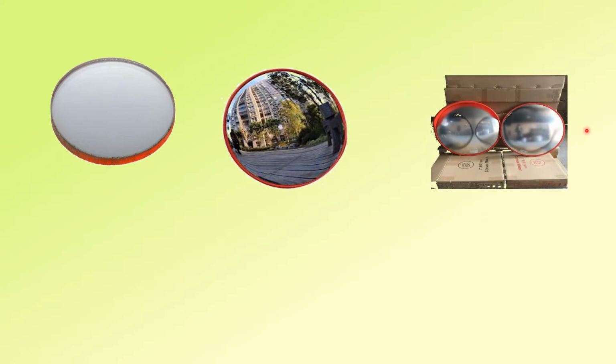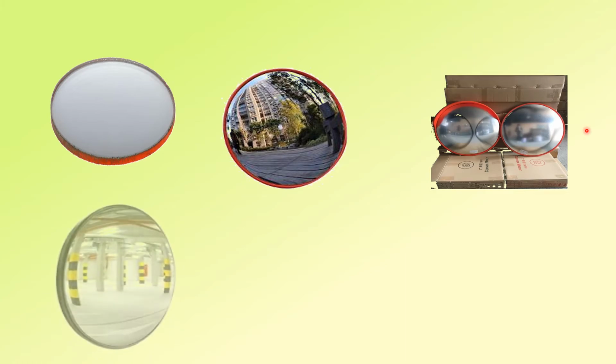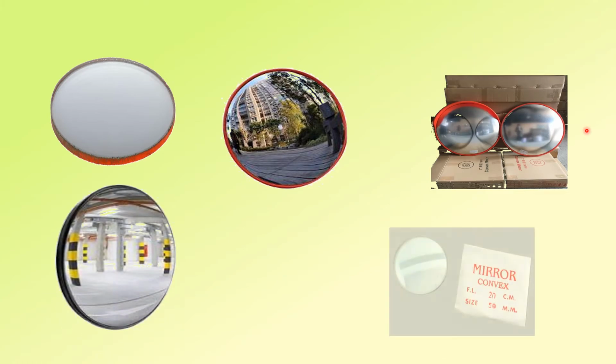Similarly, you can see some convex mirrors here. This is a convex mirror. Here in the center it is bulged out. It is curved outwards, so it is a convex mirror. And this is also a convex mirror. Here I am showing you some convex mirrors.